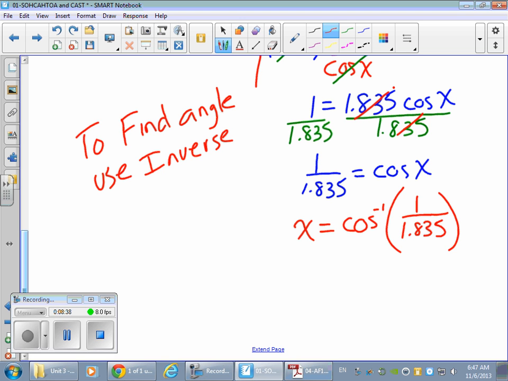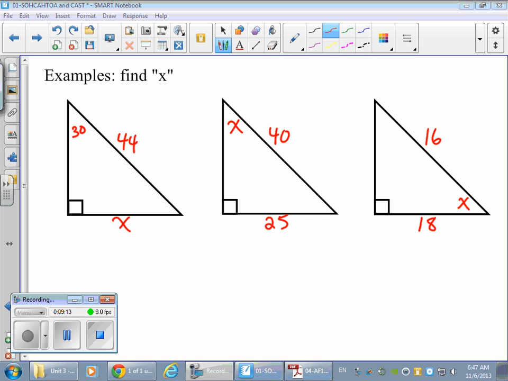You can get a close answer if I divide it through and round it off, but if I divide 1 by 1.835 and try to round that off too early, this one actually works out pretty nicely because it'd be 0.55 almost exactly. But if we round it off too early, we can lose accuracy in our final answers.